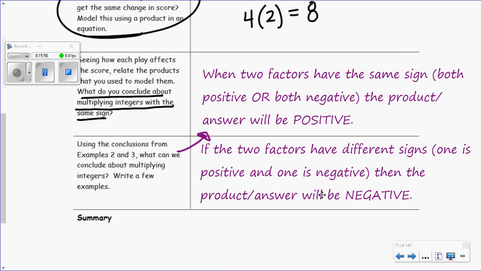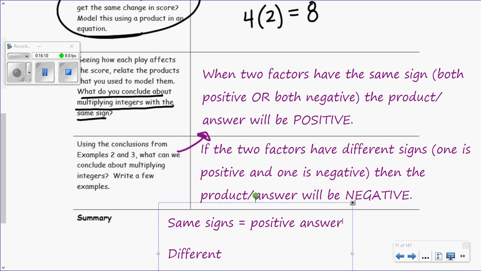So the short version is same signs, positive answer, and different signs, negative answer. And that's for multiplying.